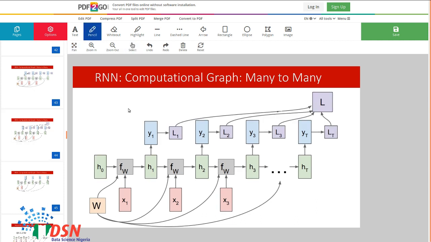To calculate the total loss of the model, we sum over all of these losses together.